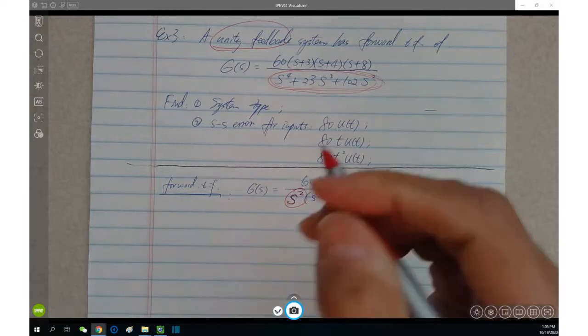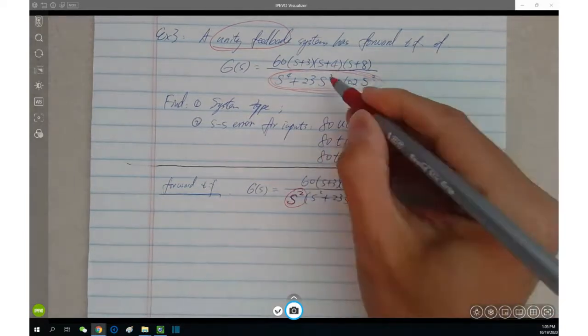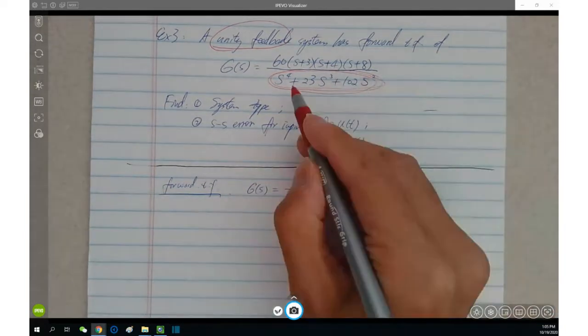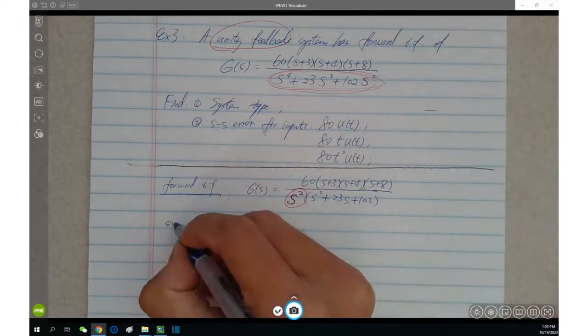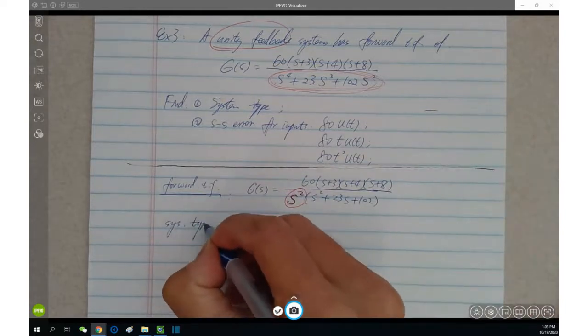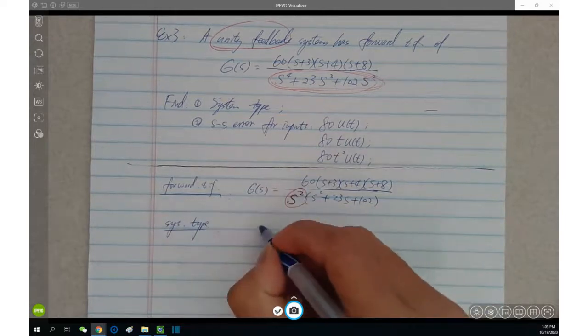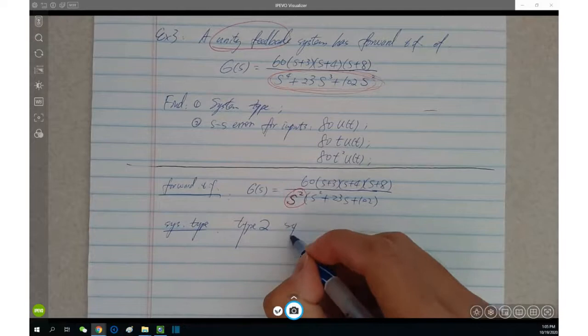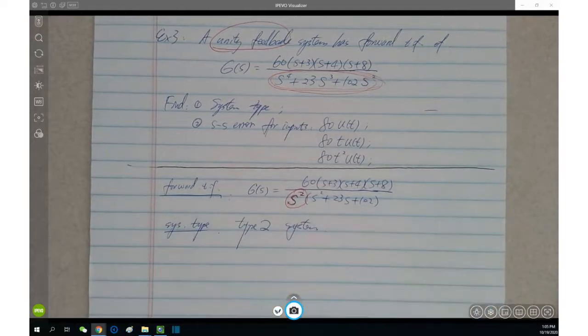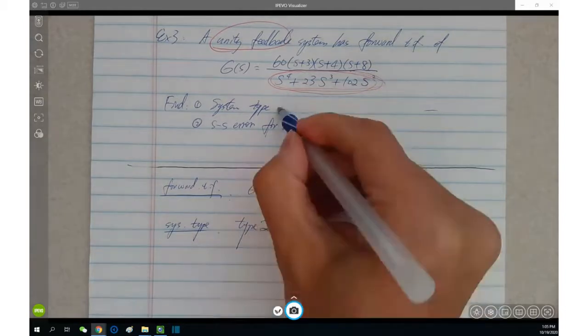But here, you obviously can pull an s squared term out of the polynomial. So remember to do that. Now it's safe for us to tell the system type is nothing but 2. Type 2 system. This is the answer for the first question here.